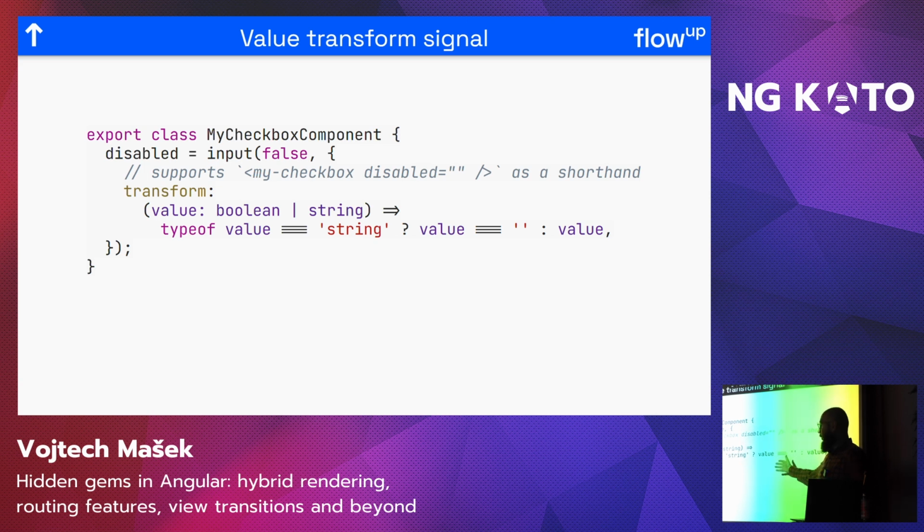With this you can then write disabled with an empty string, or just disabled, because just disabled without the empty string is basically equivalent, and it would work from that moment. It would actually be correctly initialized. In previous Angular, or without the transform, it would just yell at you that it needs a boolean, and now you can do this.